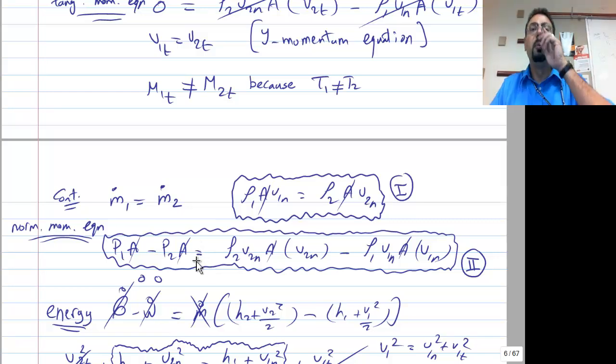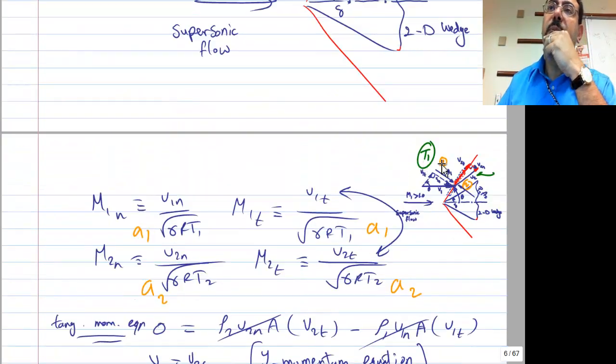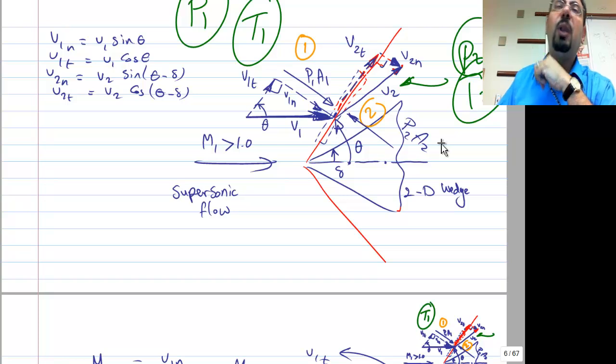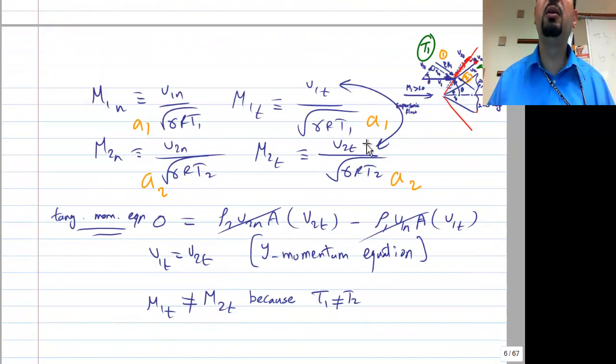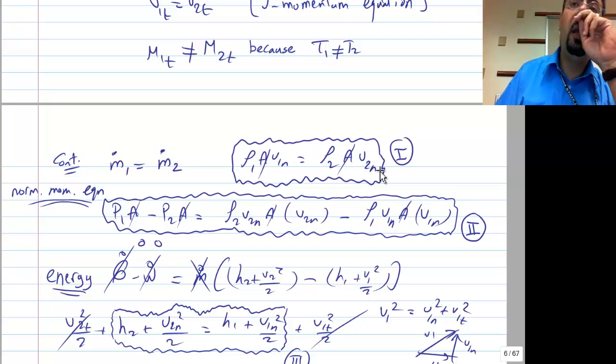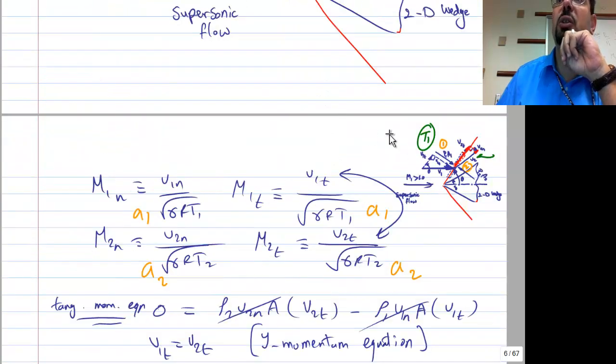All right. The continuity equation. Stuff coming in will have to be equal to the stuff leaving. Why? No storage. Box is so small, steady state, right? So V1 normal, rho 1, area 1 equal to V2 normal, area 2, rho 2. So that's the first equation, continuity. Momentum equation, normal momentum equation.